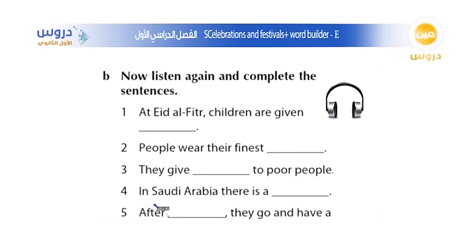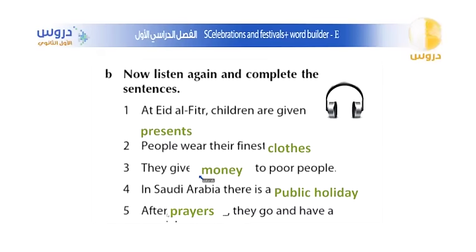All right, Mr. Ahmed, just as usual, presents, clothes, charity, holiday. That's 4. In Saudi Arabia there is a holiday. That's your answer, Ms. Shahad. All right. What about number 5? After prayer, they go and have a special meal. Let's see. Excellent. All right, so the first one here, Eid al-Fitr, children are given presents, gifts.